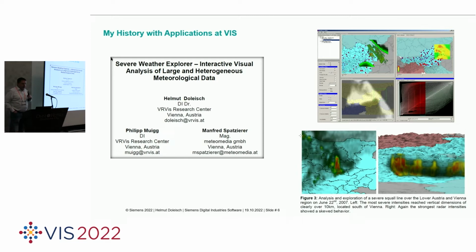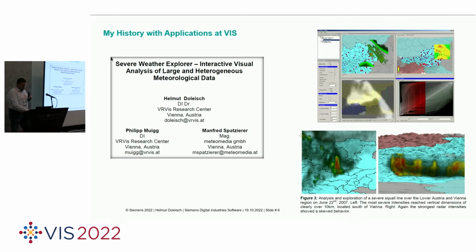That was coming in live streamed every couple of minutes, combined together with other types of station data and measurements, and we set up a system that could then help to analyze and identify how situations of large hail could develop and build up.